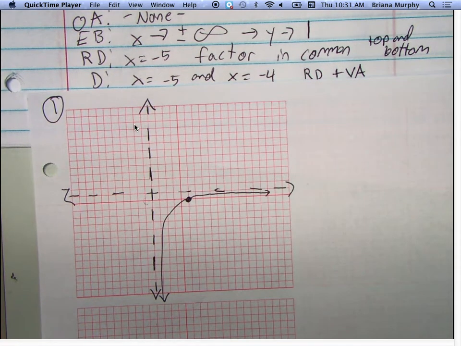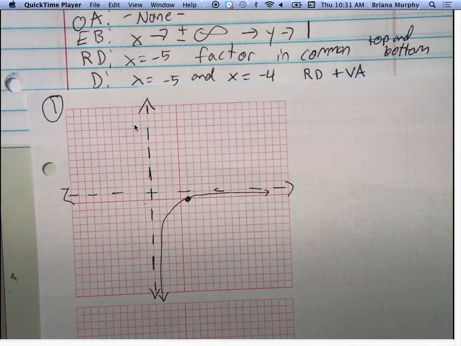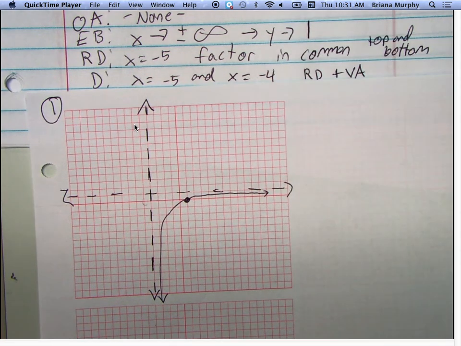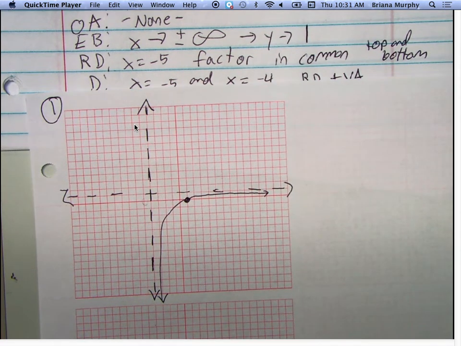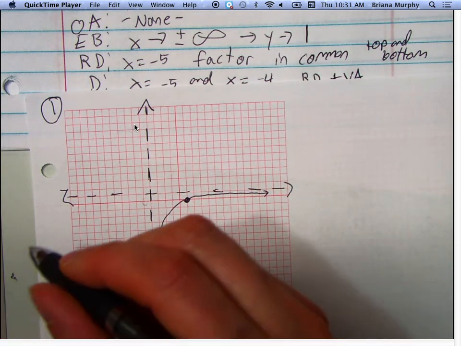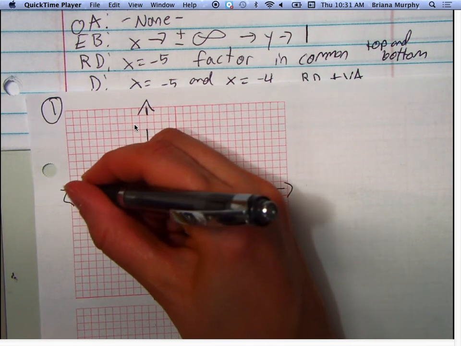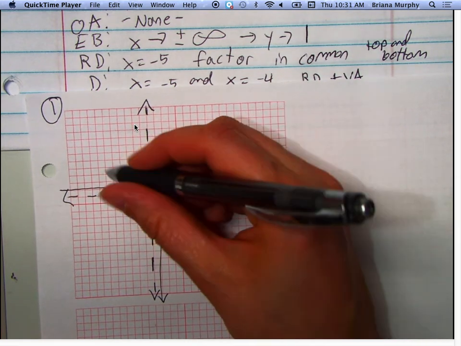And I might even plug in if x was negative 5, what I'm close to here, looking like this.